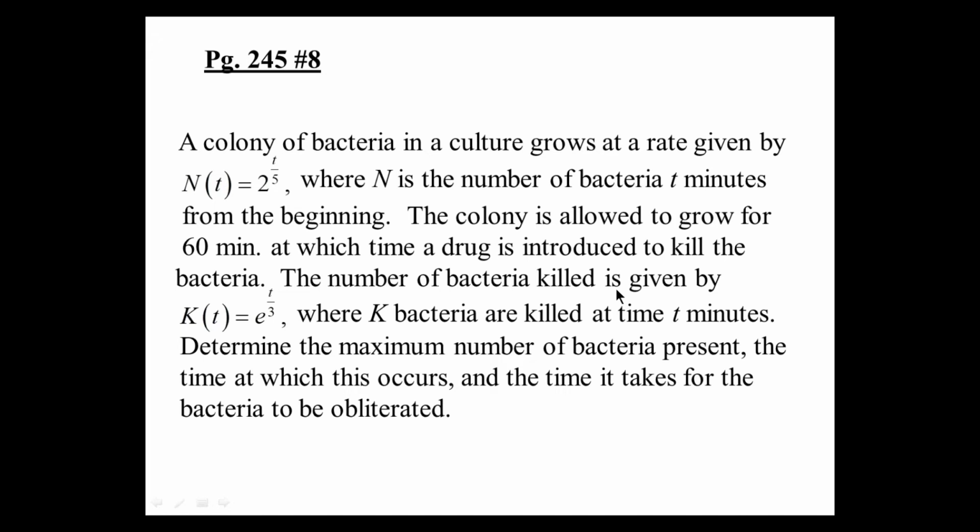The number of bacteria killed is given by a function. K of t is equal to e to the t over 3, where k bacteria are killed at time t minutes. Determine the maximum number of bacteria present, the time at which this occurs, and the time it takes for the bacteria to be completely killed off or obliterated.